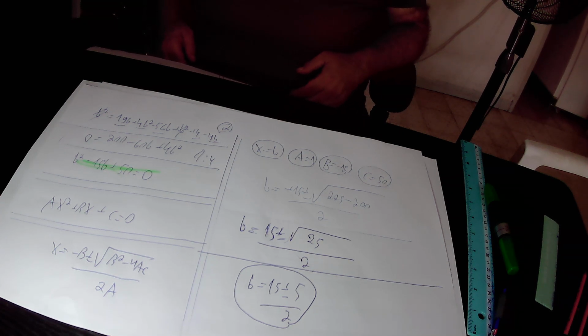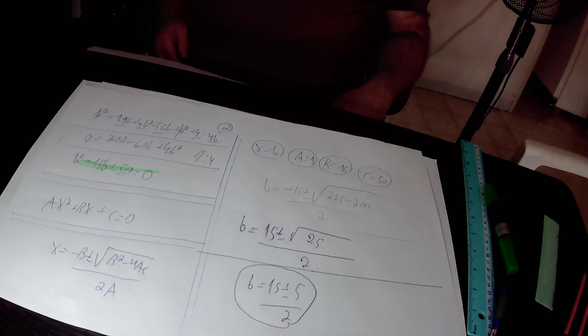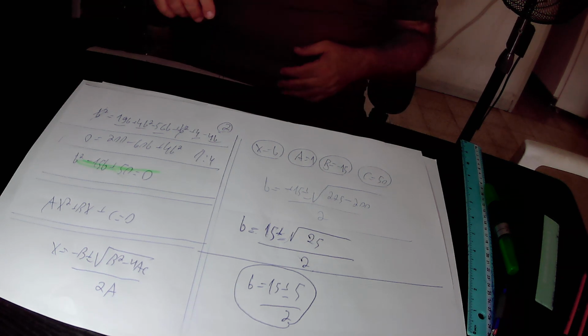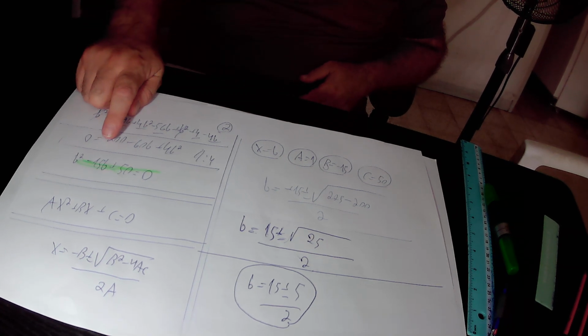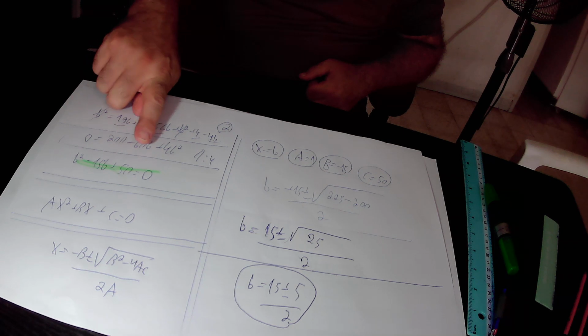Here we divide this equation by 4: 4b squared over 4 is b squared, 60b over 4 is 15b, and 200 over 4 is 50. So in total, b squared minus 15b plus 50 equals 0.